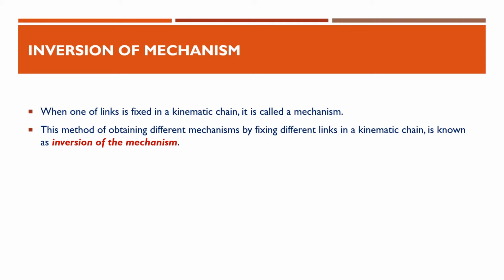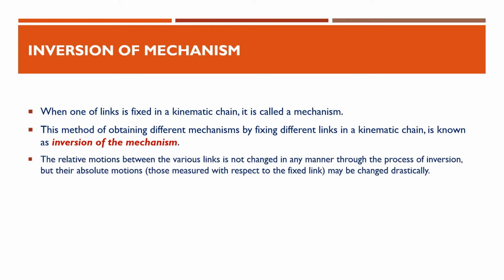The method of obtaining different mechanisms by fixing different links in a kinematic chain is known as inversion of a mechanism. See, why we are going to the inversion of a mechanism is that in inversion of a mechanism, the relative motion between the links will not be changed, but the absolute motion will be changed drastically.